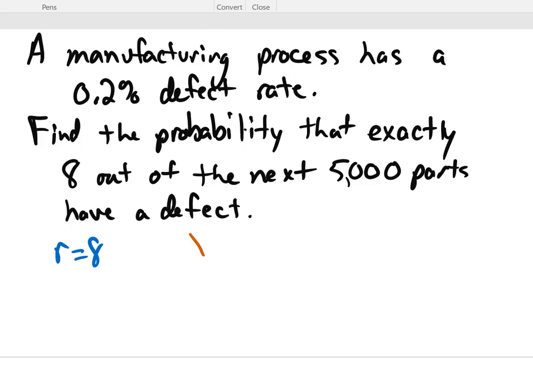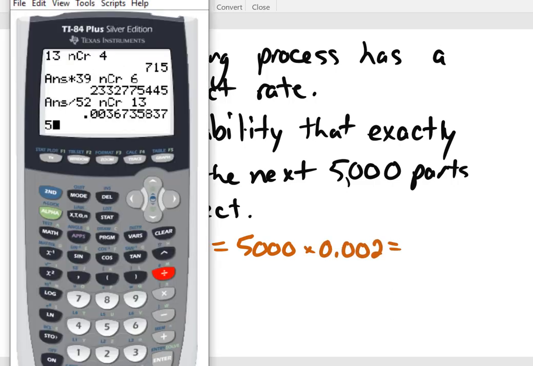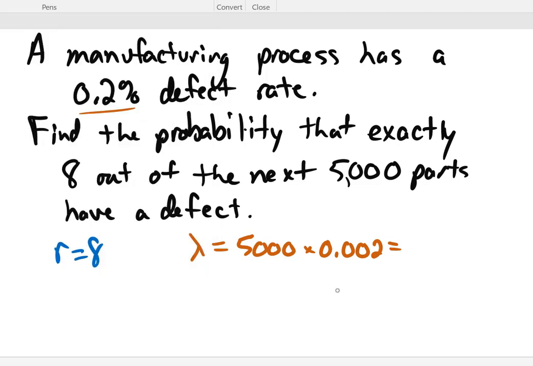Lambda, 0.2% is going to be 0.2% of that 5,000. So 5,000 times 0.002 giving us 10. So 10 is our lambda. That would be what we'd expect to be the average number of defects out of those 5,000 parts.